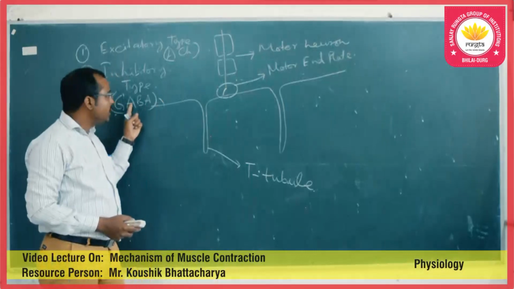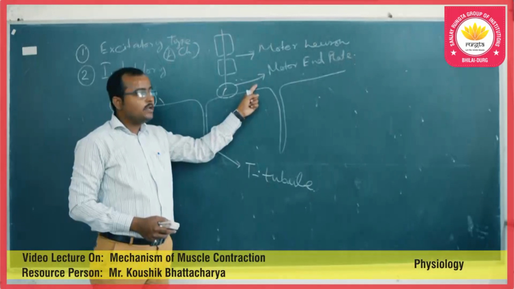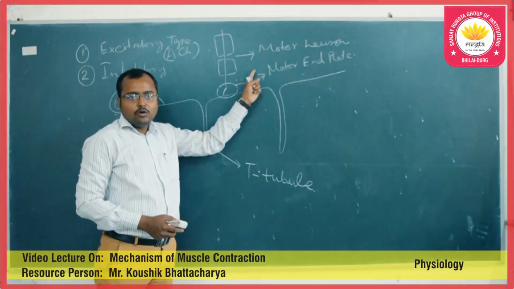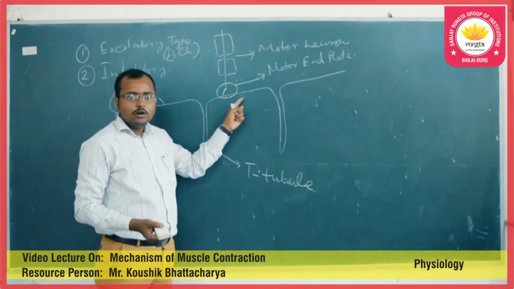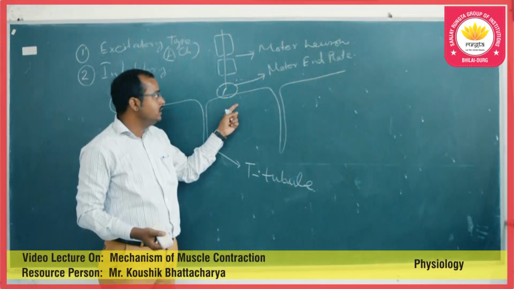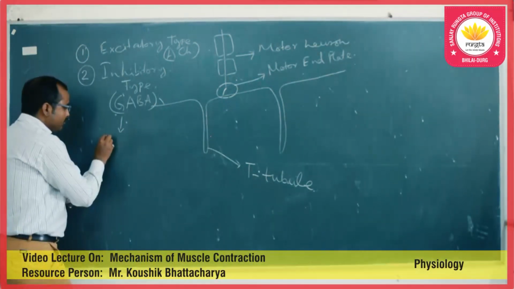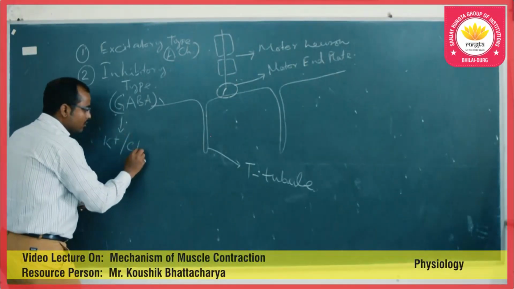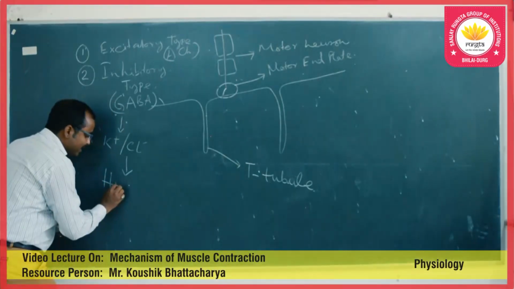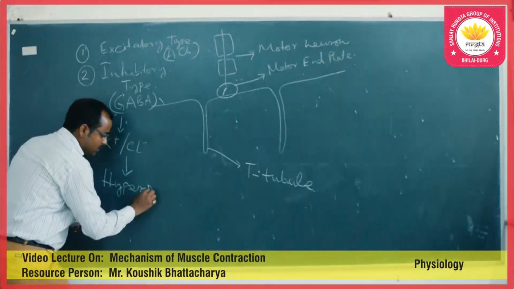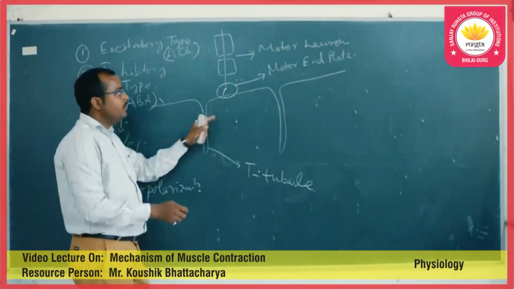So when this inhibitory neurotransmitter is released from the presynaptic area, that means from the motor neuronal area, and acts on the postsynaptic membrane, that means on the sarcolemma, the opening of the potassium or chloride ion channel will take place, which ultimately causes hyperpolarization of that particular area.